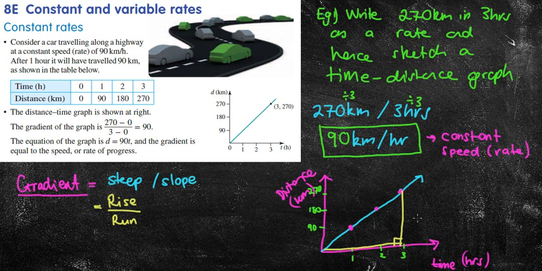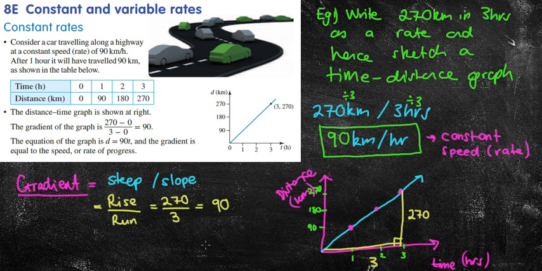In other words, we go up 270 kilometers altogether across a run of 3 hours. And that makes sense because in 3 hours time, we traveled 270 kilometers. So if I put the rise 270 over the run of 3 hours, what is our answer? Well, hopefully you get 90 as your answer.